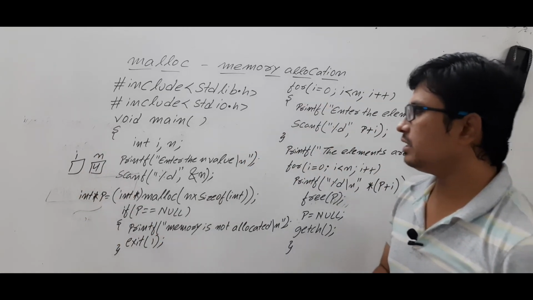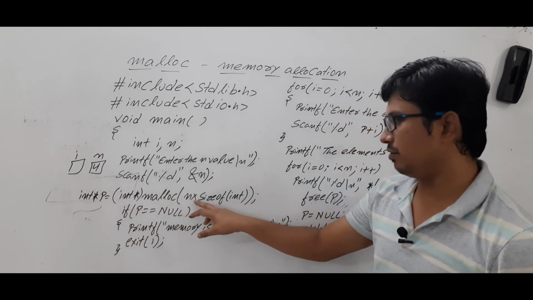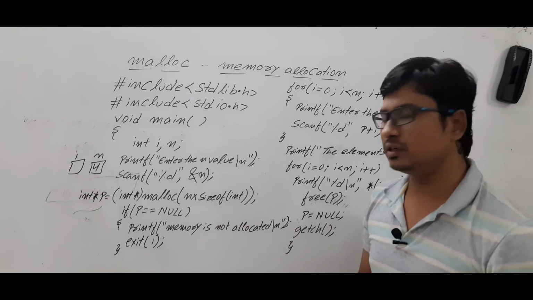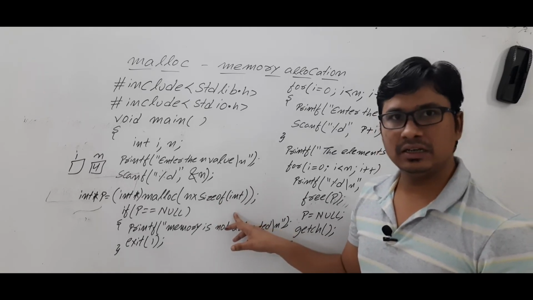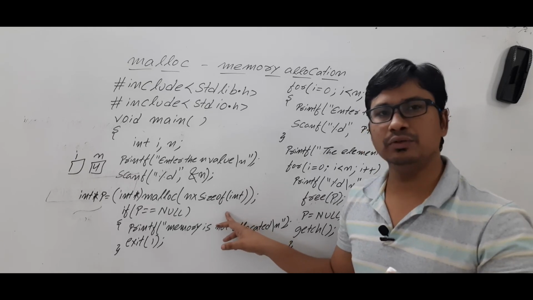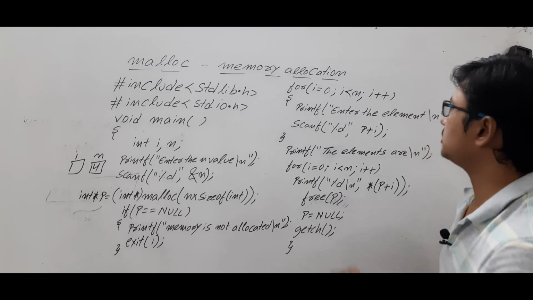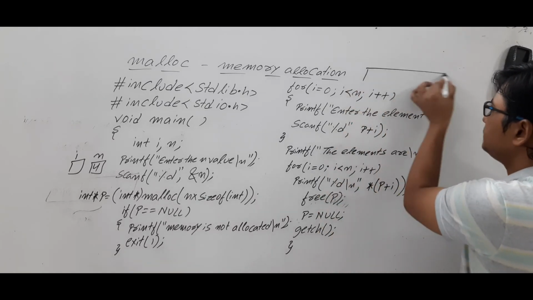Then here I am writing int star p is equal to malloc of n into size of int. Let's take that you are running this program on a 32-bit compiler. Size of int will give 4 bytes. So 4 into 4, 16 bytes of memory you are asking to allocate.